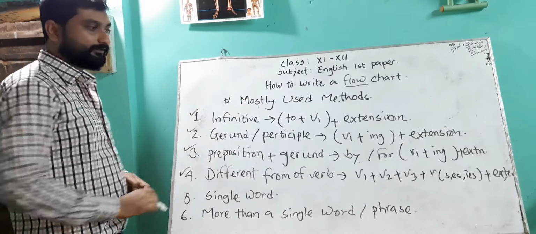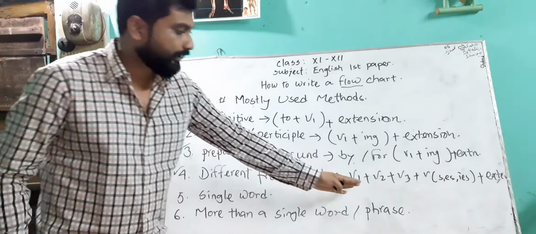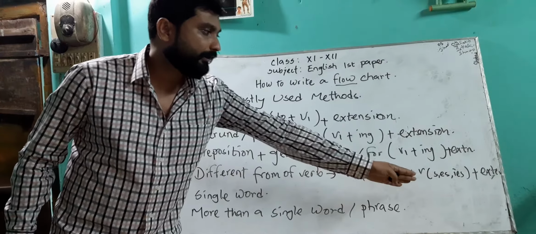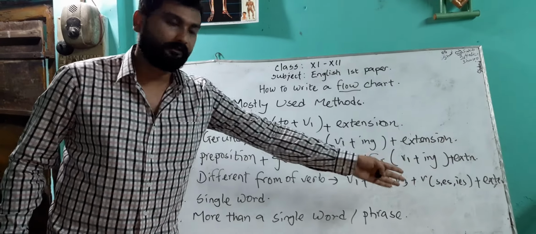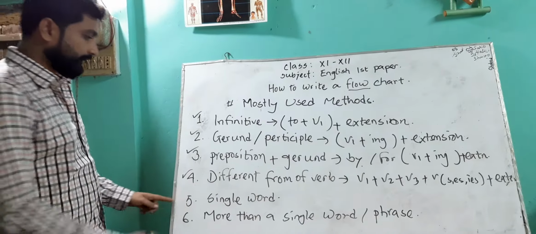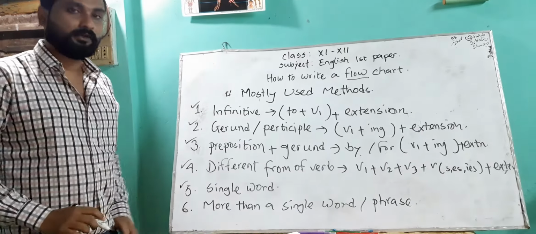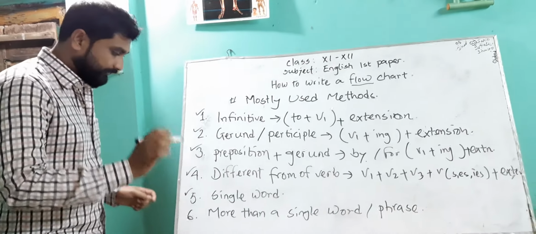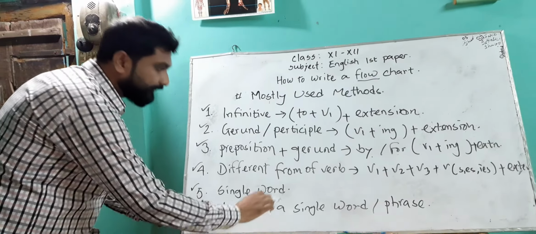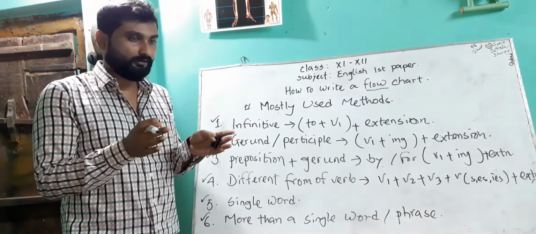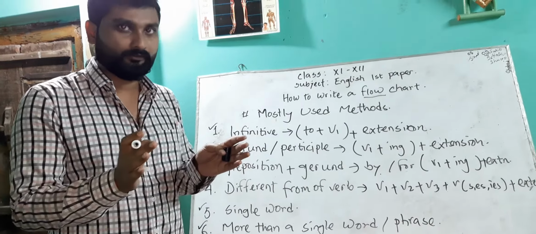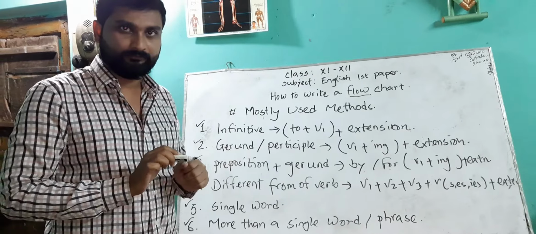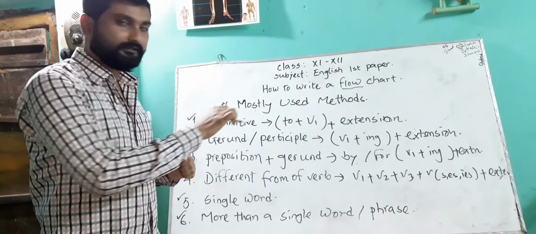Number 4, different forms of verbs: verb base form, verb past form, verb past participle, or verb with is, are, or so on, that means extension. Number 5, single word. You can use a single word also, but mostly more than a single word is commonly used in a box. So you have to draw a box, and in the box you should write the sentence.